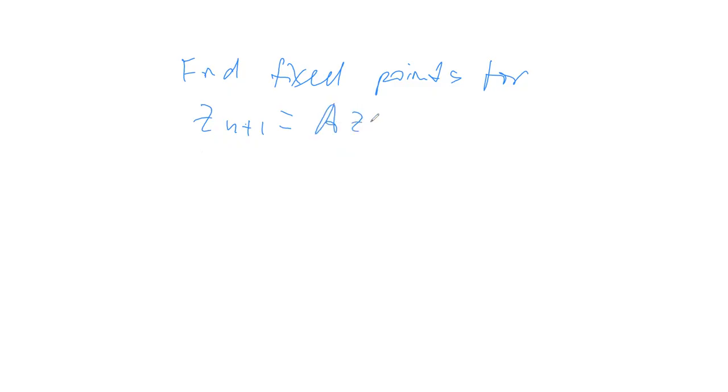So in our problem, we want to find fixed points for z n plus 1 equals a z n times 1 minus z n. A fixed point is a solution of z equals a z times 1 minus z.